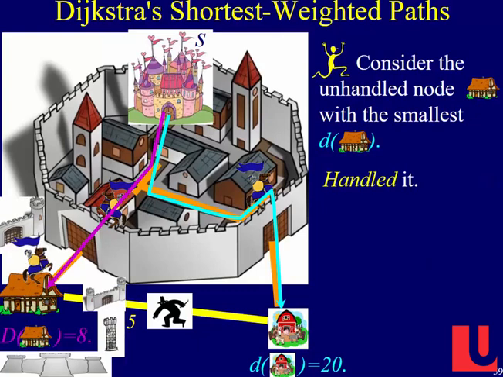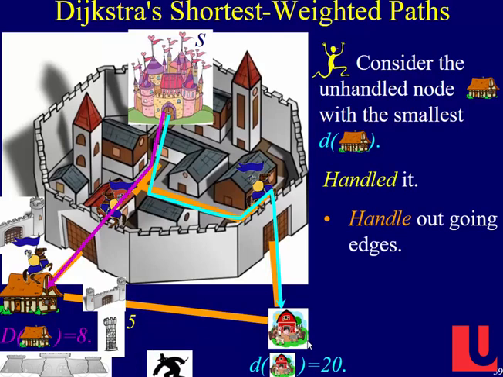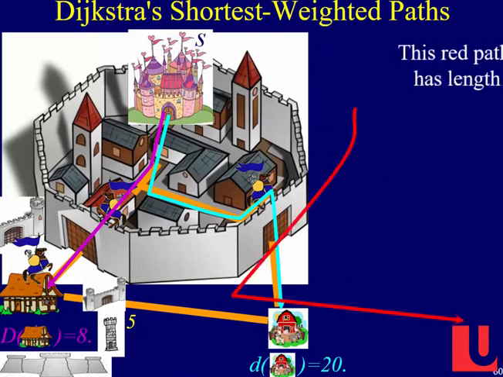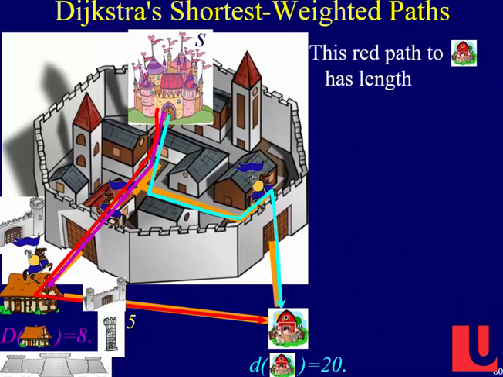By handling it, well, one, if it's handled, it's now in the gate. But we also have to handle the edges coming out. So if this is our u and this is our v, we're going to update this d value. So we calculate the length of this path. The length of this path is this guy's d value plus the length of this edge, right?